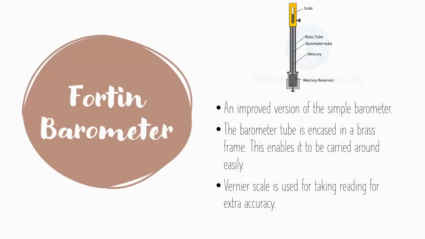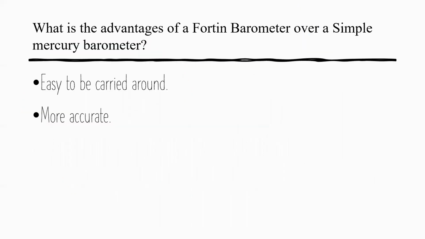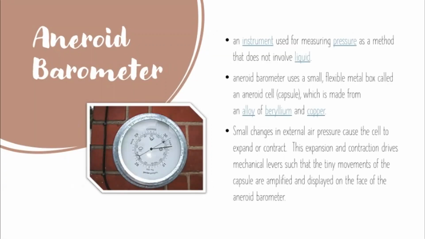The second one, floating barometer. This is an improved version of the simple barometer. This barometer is easier to carry around, and also the reading will be more accurate compared to the simple barometer. The third one, aneroid barometer. This barometer does not involve liquid, and the reading will be the most accurate.